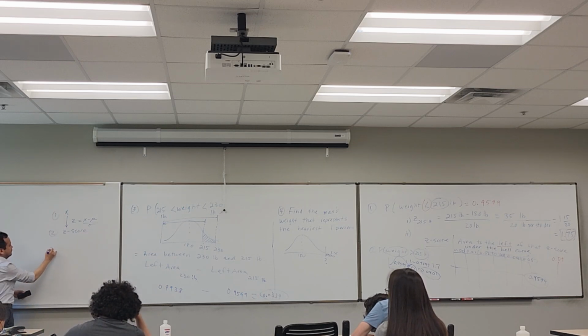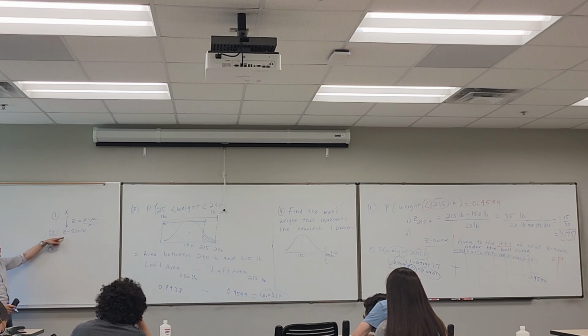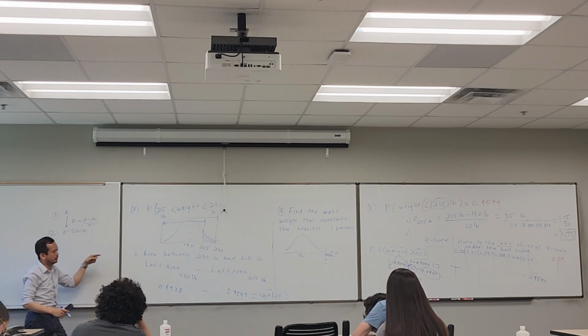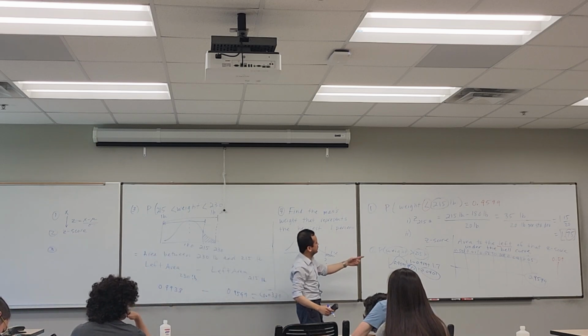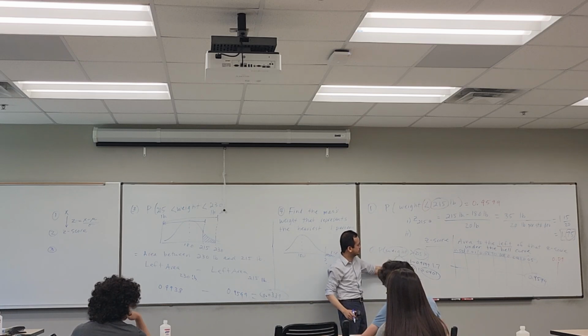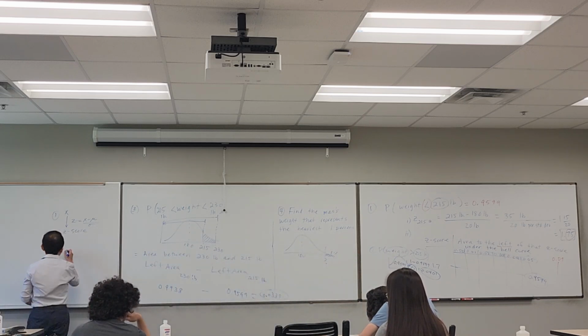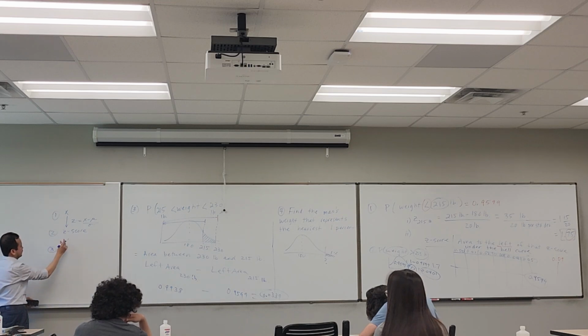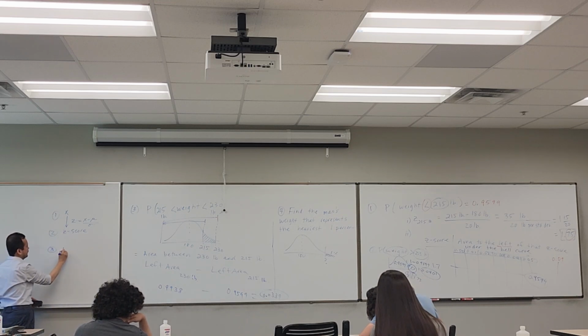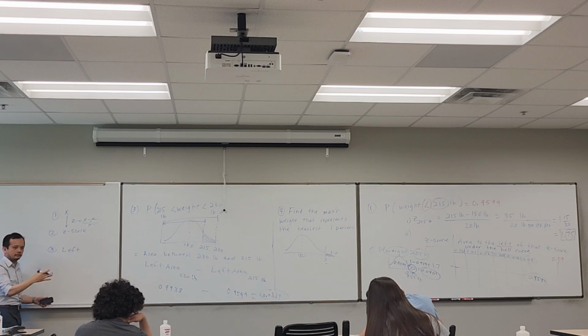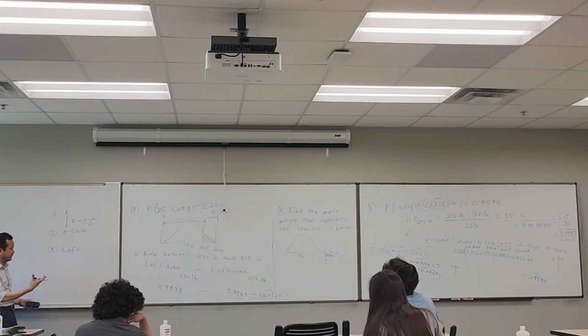So then the next step was we went from a z-score to an area. And how did we go from a z-score to an area? You used the chart. Yeah, use the chart. So we went from a z-score to a left area because the chart gives us only the left areas directly.